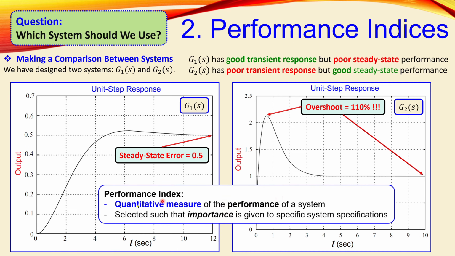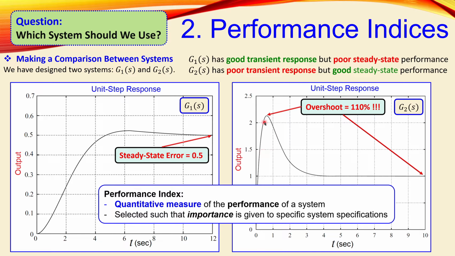The performance index is a quantitative measure of the performance of your system. It's selected such that importance is given to a specific system specification. So if, for example, the rise time is very important and not that much the overshoot, then this system is preferred because it rises much faster than this one.